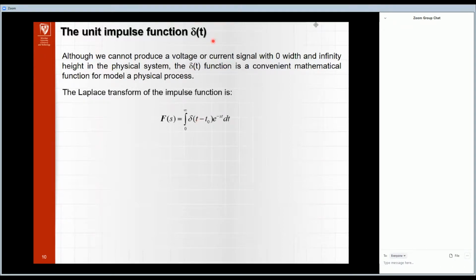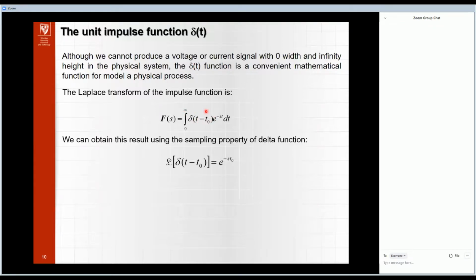Okay, so the Laplace transform of the impulse function is, from the definition, I put here the delta function. And we obtain this. We cannot directly calculate the Laplace transform from these equations, but we can obtain this result using the sampling property of delta functions.